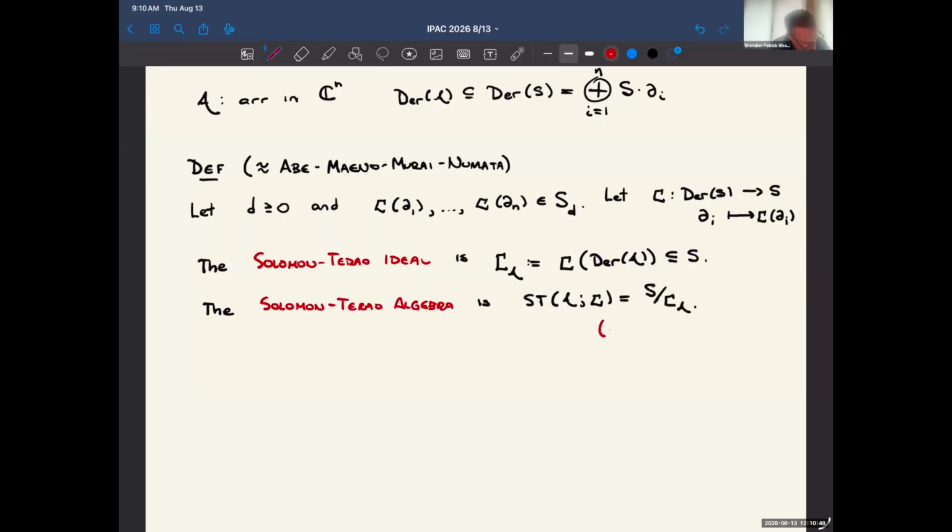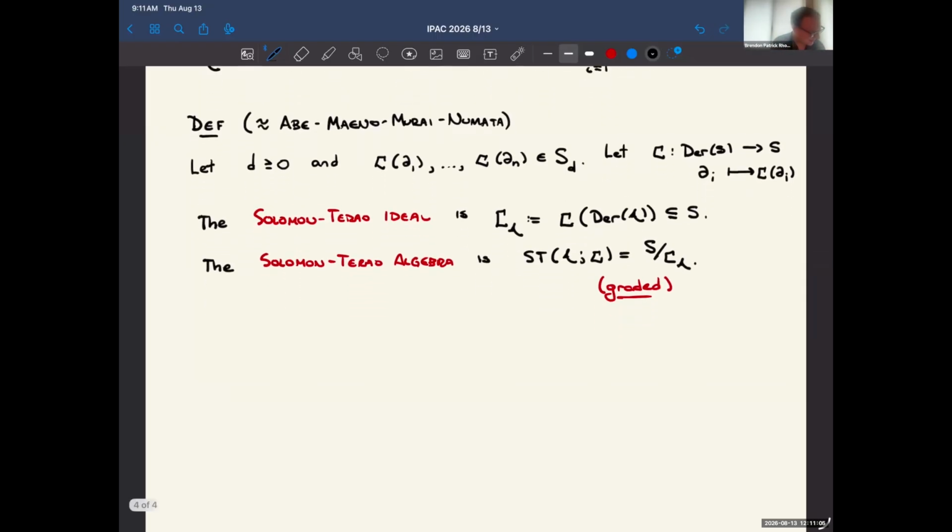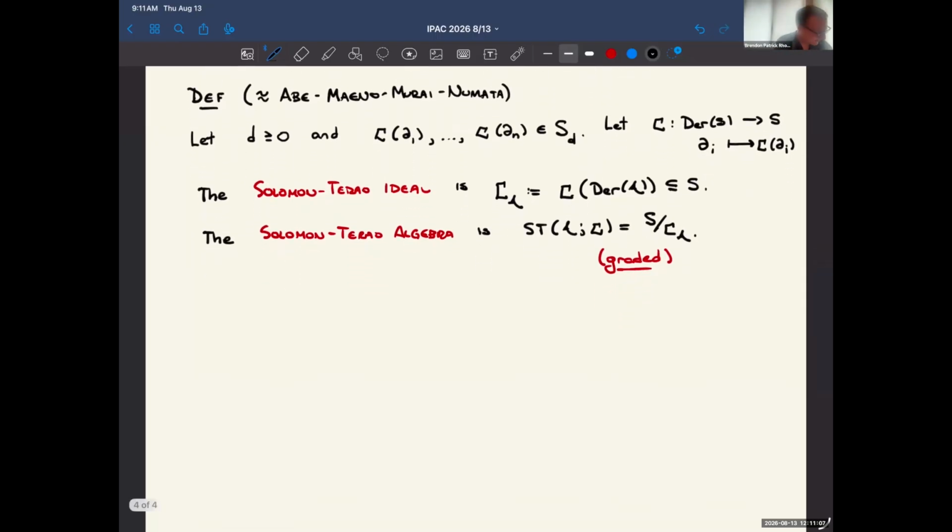So just to be clear, this is a graded quotient of the polynomial ring. So we have the Solomon-Terao ideal and the Solomon-Terao algebra. And I think the first thing I have to do is actually show you examples to show that you've seen these before.